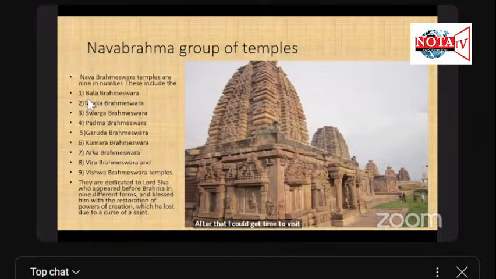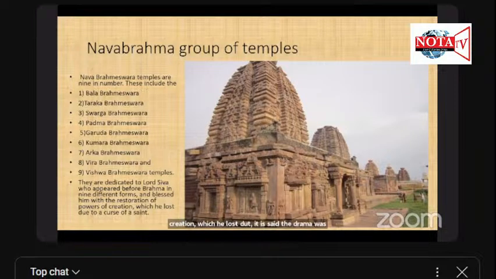Then you have Taraka Brahmeshwara temple, Swarga Brahma temple, Padma Brahmeshwara, Garuda Brahmeshwara, Kumara Brahmeshwara, Arka Brahmeshwara, Veera Brahmeshwara and Viswa Brahmeshwara temples. Though the name Brahma is there, all these temples are dedicated to Lord Shiva, who appeared before Brahma in 9 different forms and blessed him with restoration of the powers of creation, which he lost due to the curse of a saint.